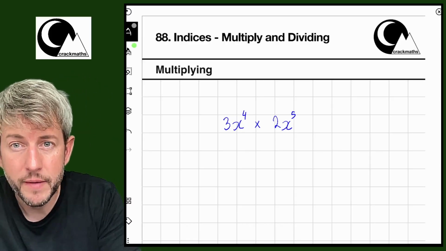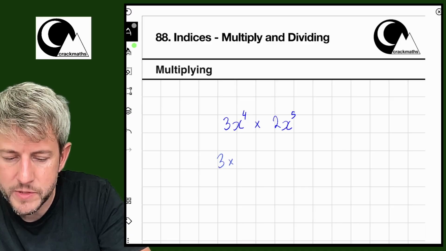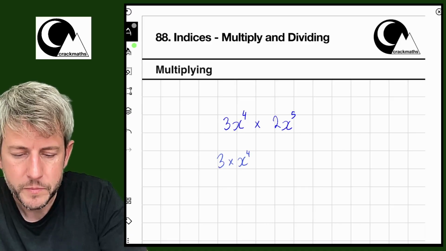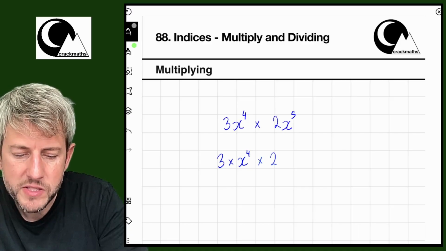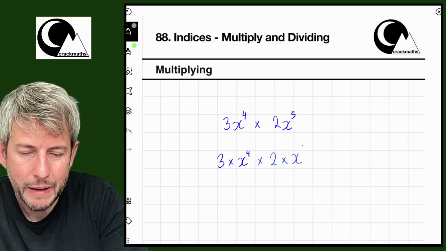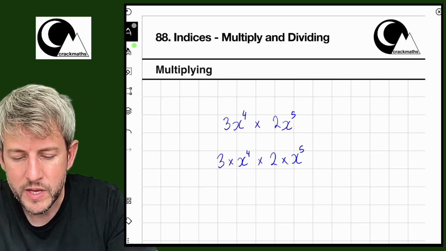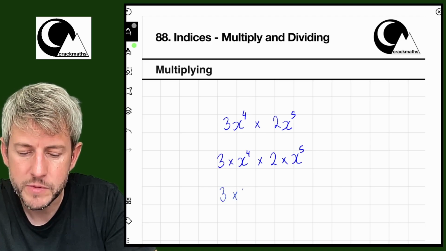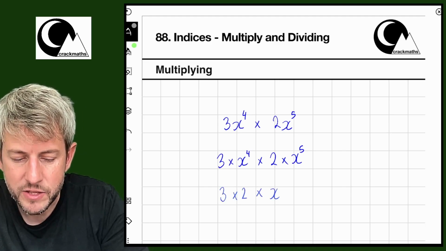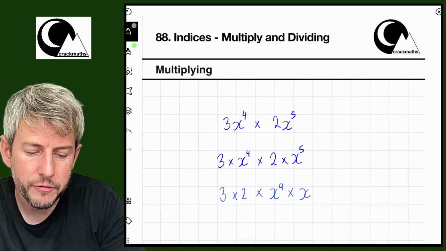So what we're going to have here is 3 times x to the power of 4, and then we're going to multiply that by 2 times x to the power of 5. Remember I can then just rearrange this as I will. So I'm going to write this as 3 times 2 times x to the 4 times x to the 5.